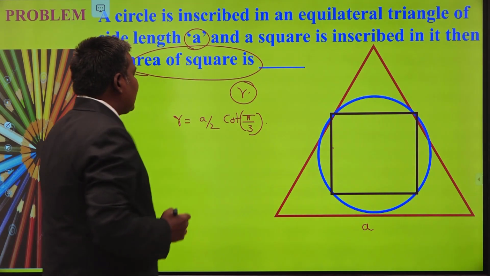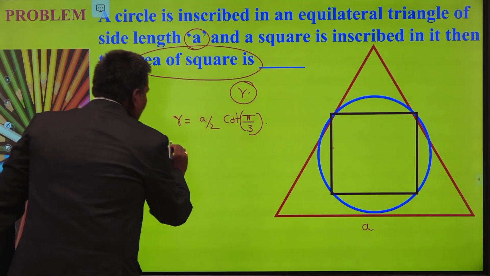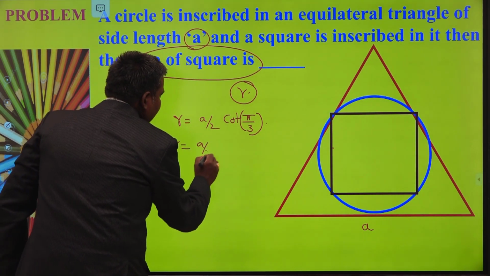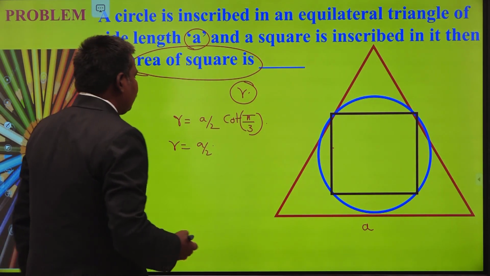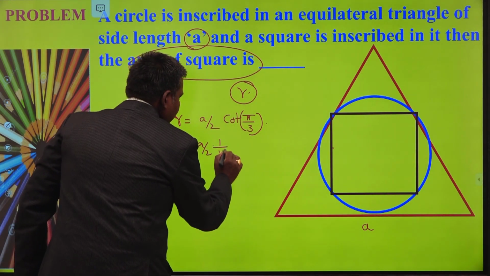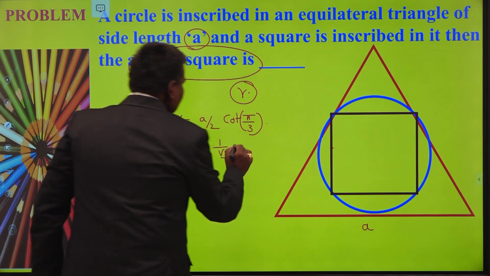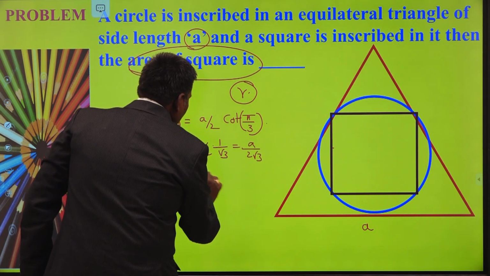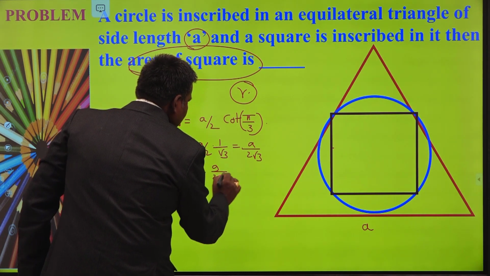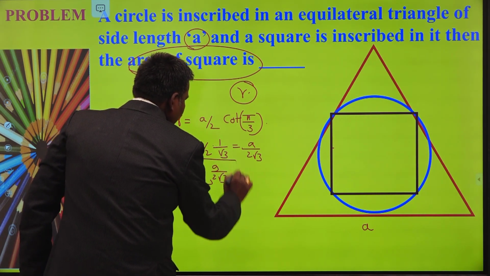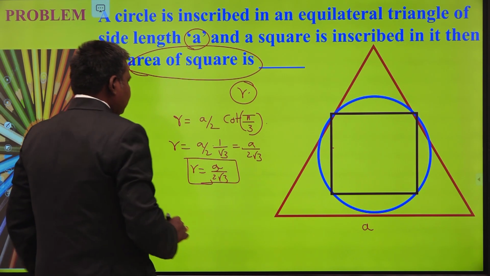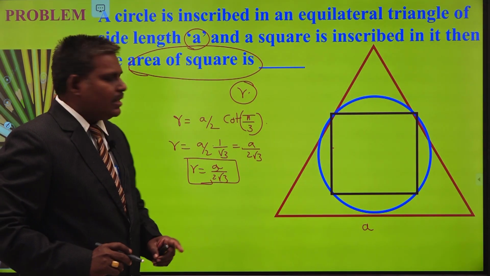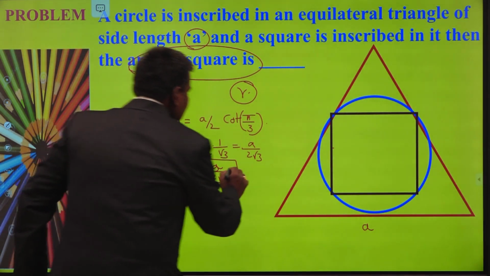R is equal to A by 2 cot pi by 3. So, R is equal to A by 2 cot 60, that is 1 by root 3. So, A by 2 root 3. Therefore, the value of R in terms of A is R equals A by 2 root 3. This is equation number 1, say.